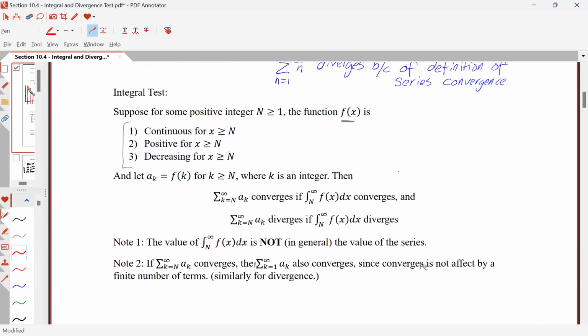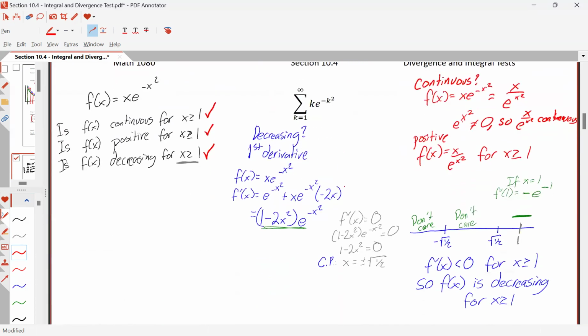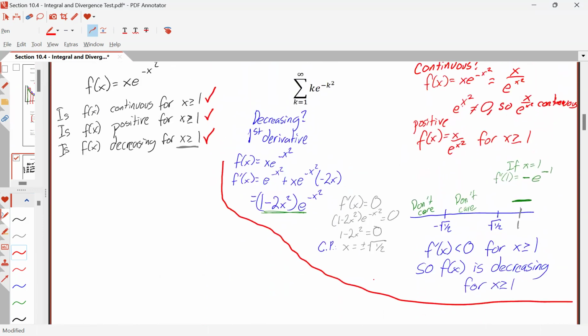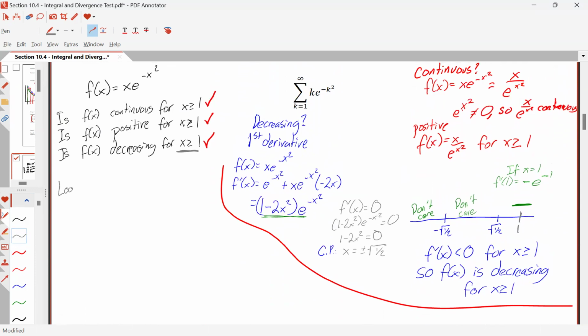Going back to our test, we have all 3 properties. So now what we want to do is look at the integral. If the integral converges, then so does the series. If the integral diverges, then so does the series. So because we have these 3 properties met, we can look at the integral from 1 to infinity of x e to the negative x squared dx. And this is an improper integral. We need a limit.